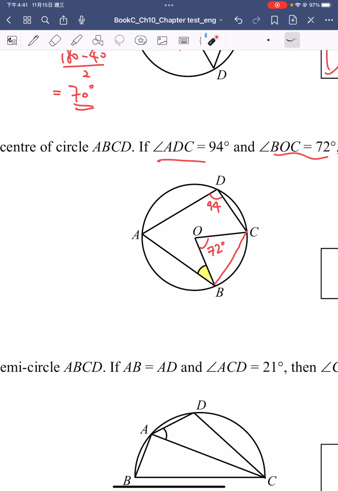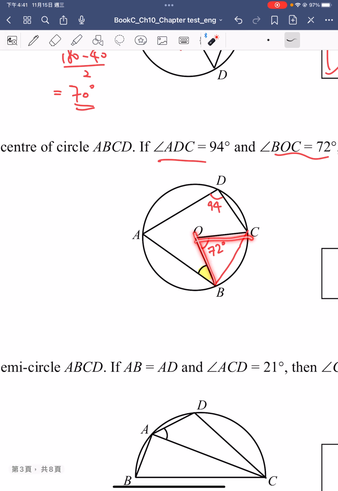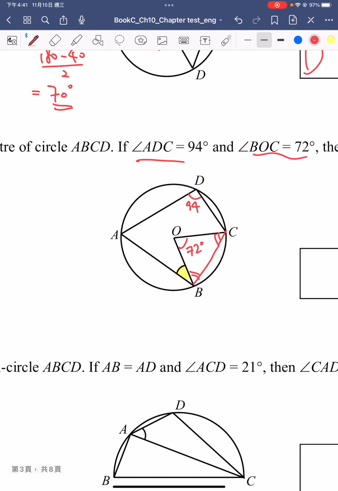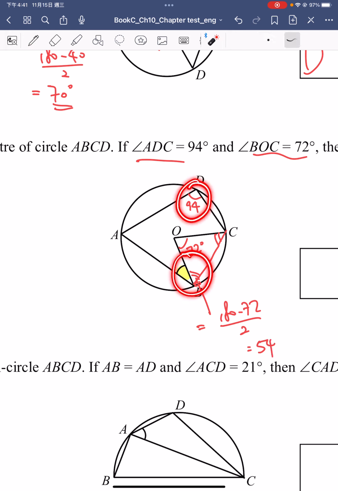As we join the B and C, we can say OB and OC are the same because they are the radii. Then we can say these two angles are the same as well. So each of the angles is going to be equal to what? It's equal to 180 minus 72, divided by 2. Then this is equal to 54 degrees. And then we still have the opposite angles adding up together. It's going to be 180 degrees as well.